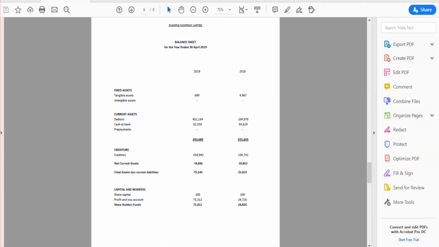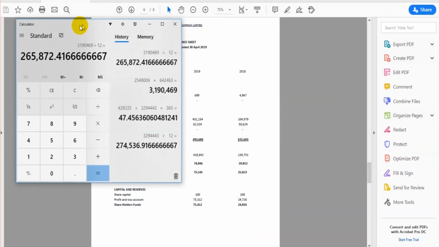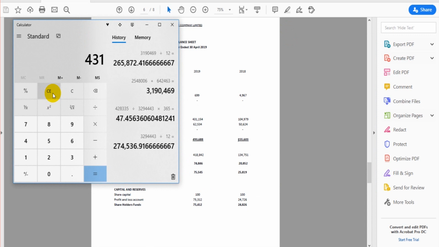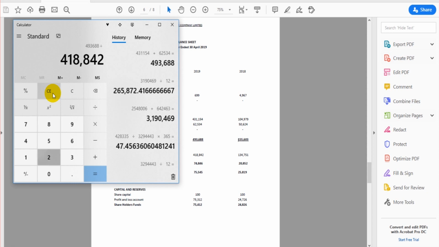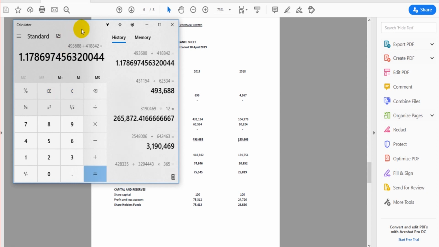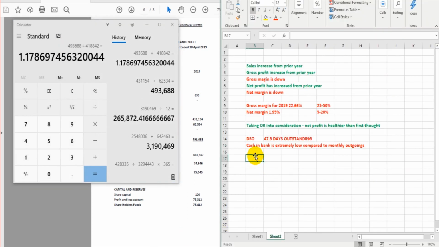So that is going to be 431,154 plus 62,534. That's our current assets divided by our current liabilities. Gives us 1.18, I would say, if we round up. So 1.18 asset test or current ratio.